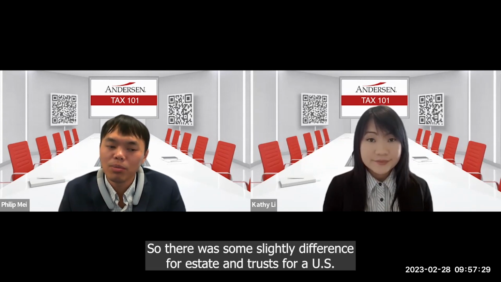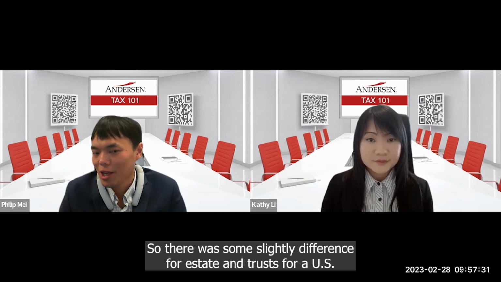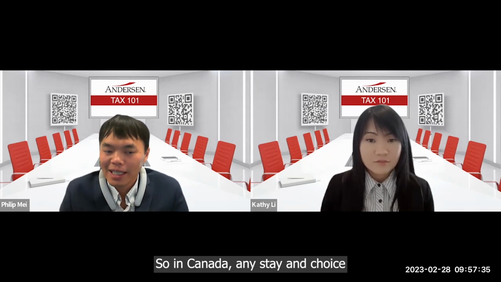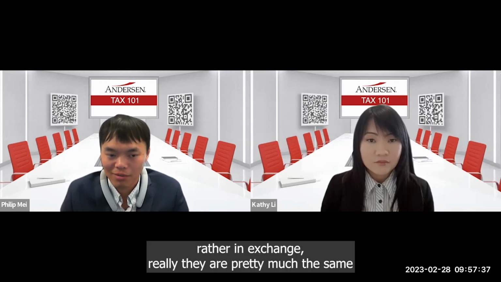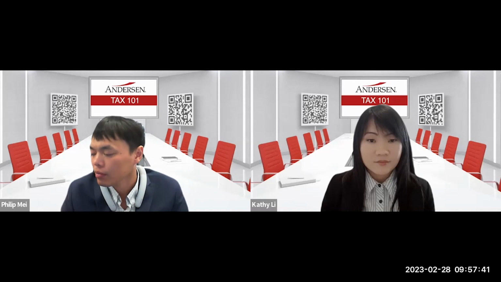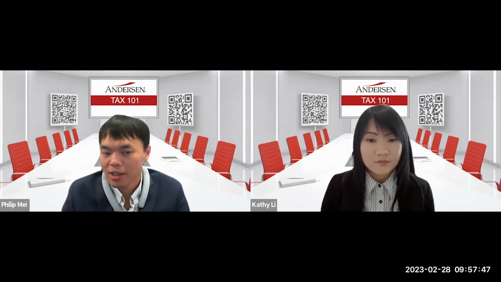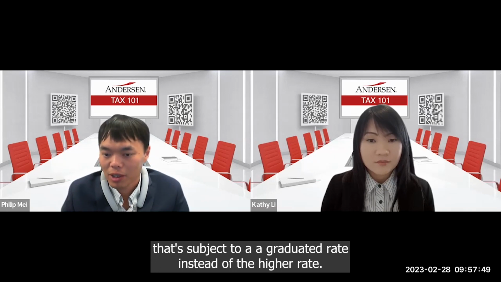So there is some slight difference between estate and trust for the US tax concept. In Canada, an estate and trust are rather interchangeable; they are pretty much the same, other than the first few years, when it could be a graduated rate estate that's subject to a graduated rate instead of the higher rate.